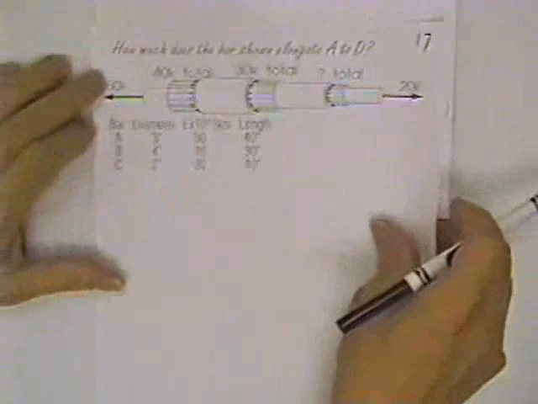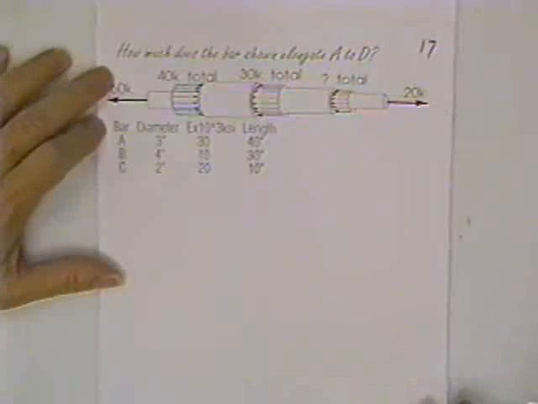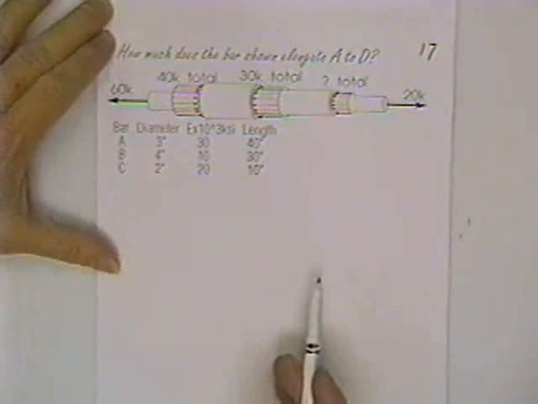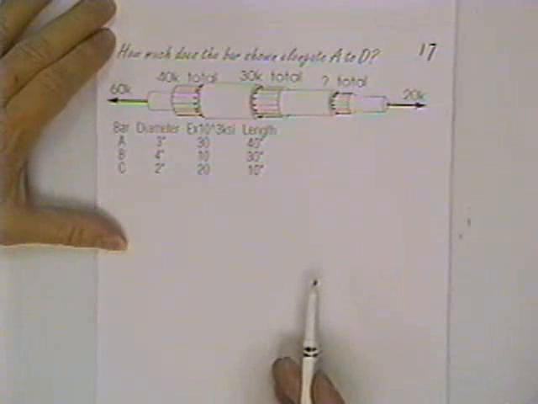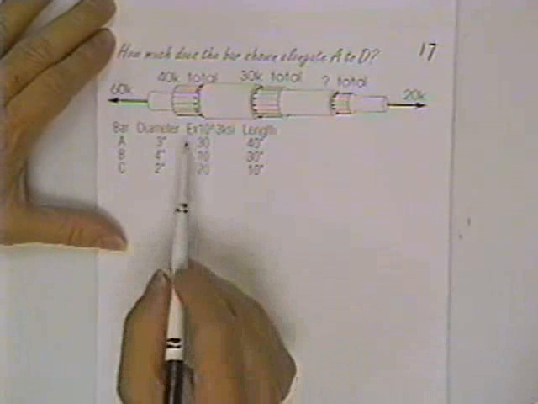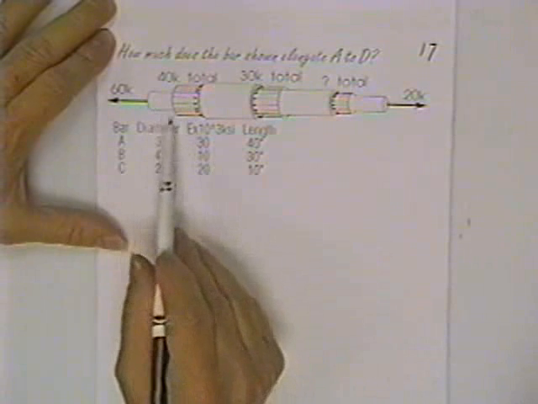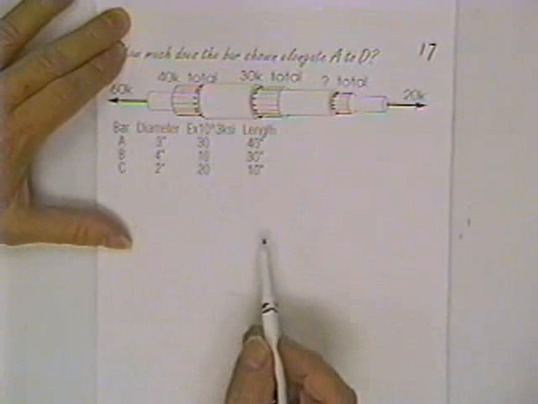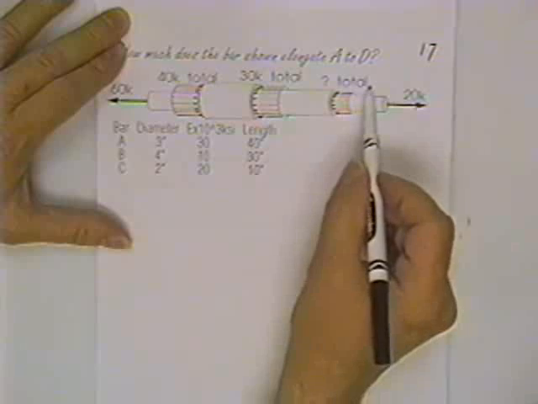Now here's an example that you might be asked. How much does the bar elongate from one end to the other? Might also ask, how much stress is inside the bar? Let's find the loads in the bar first.